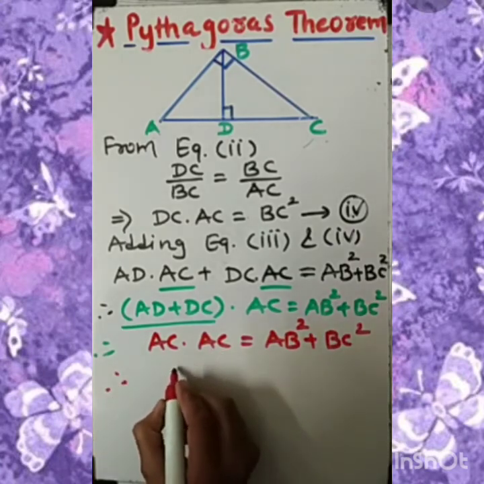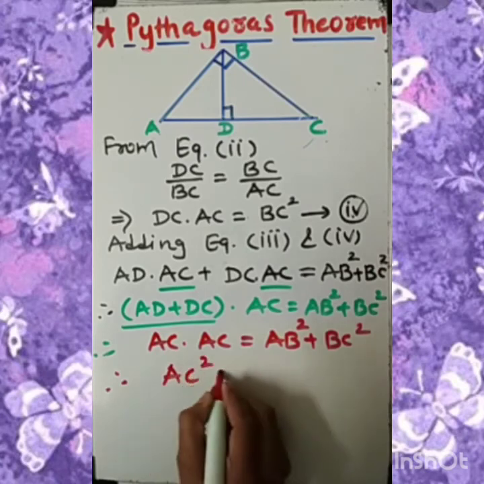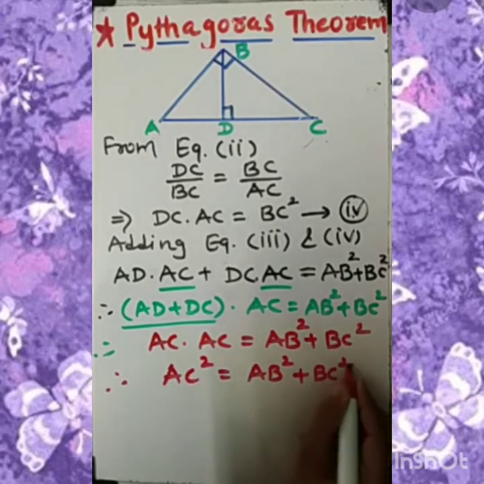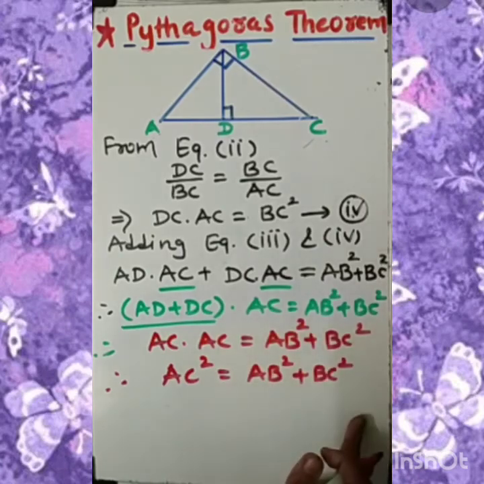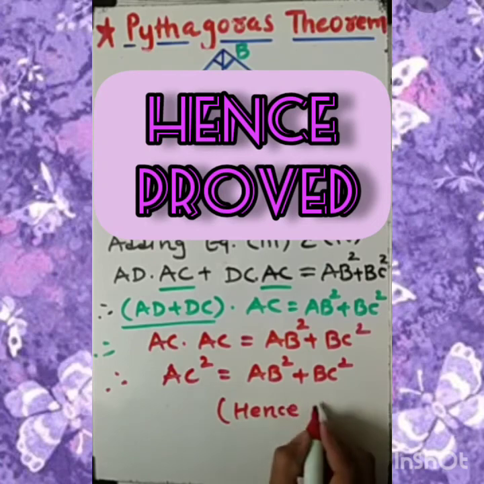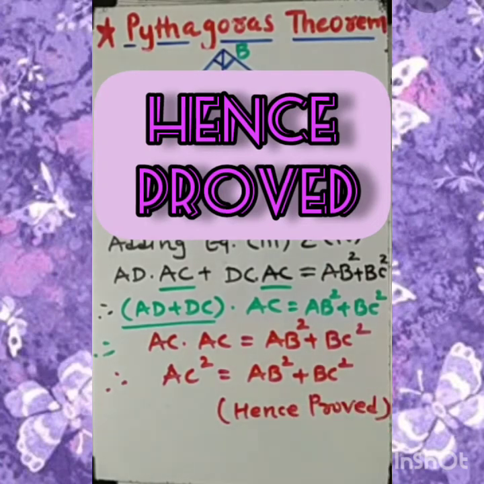AC into AC, you know, is AC square. So AC square equals AB square plus BC square, and that is our required result, hence proved. Hence this is the Pythagoras theorem and its proof. Clear to you?